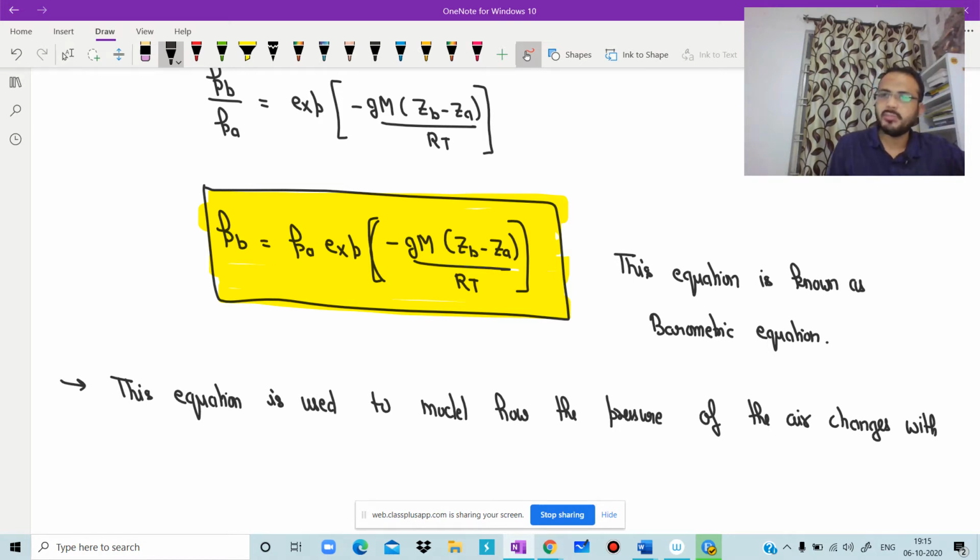That's why for atmospheric, barometer means atmosphere pressure changes with altitude.